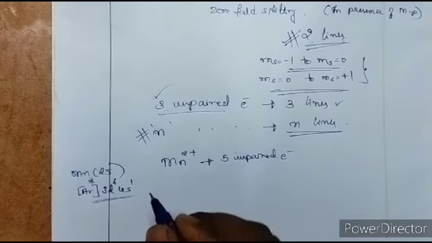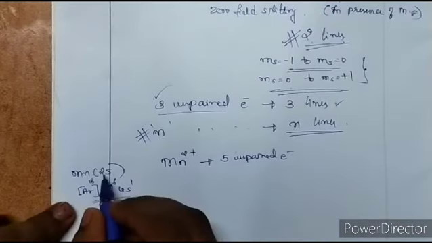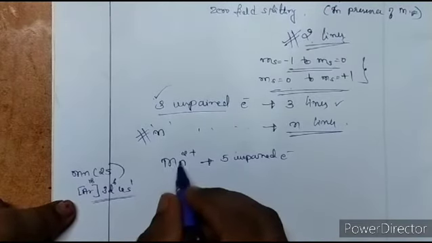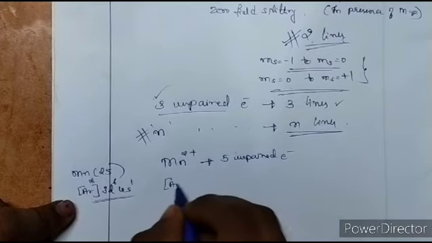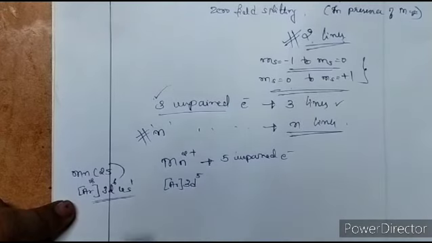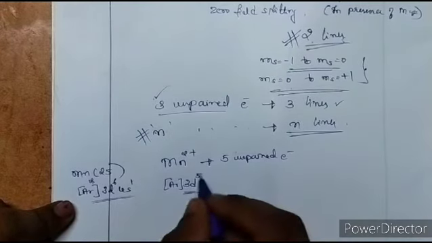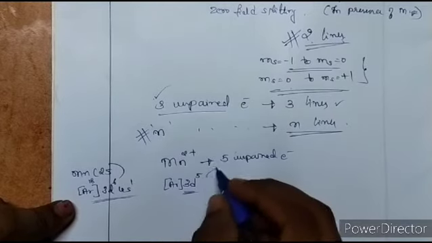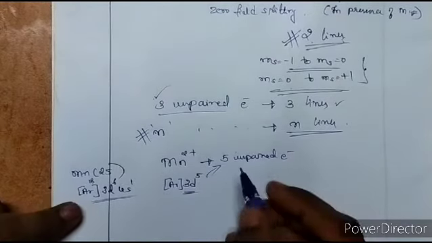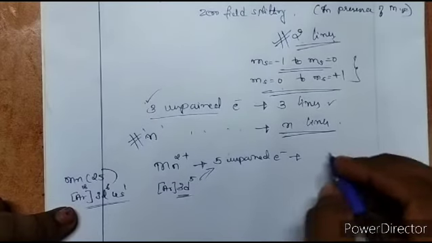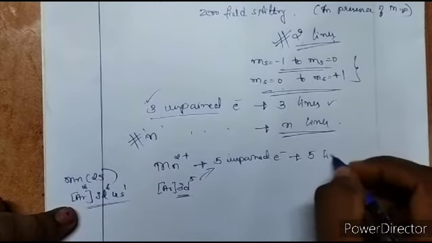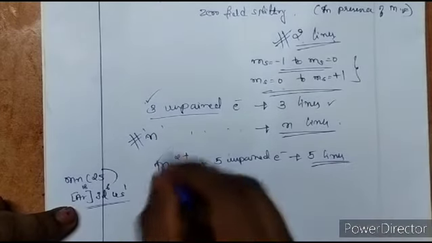This is the electronic configuration of Mn. Now what is the electronic configuration of Mn2+? You get argon 3d5, correct? So in this we have 5 unpaired electrons. So in the ESR spectrum we should expect 5 lines, or 5 signals, for this system.